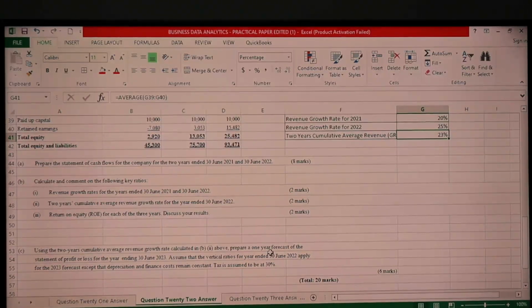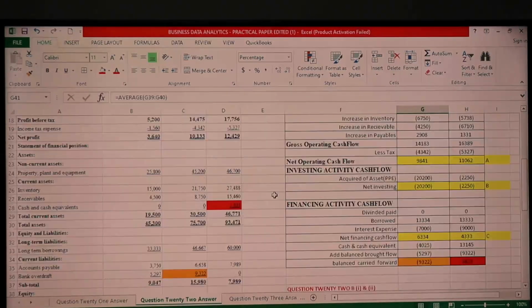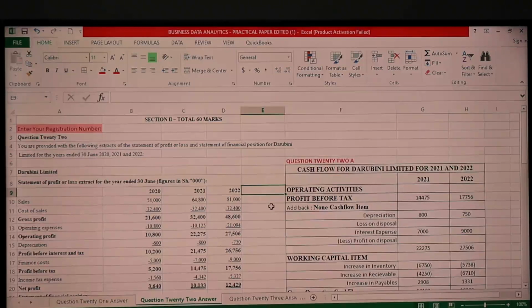That is, here we assume that the vertical ratios for the year ended 2022 applies for the 2023 forecast, except that the depreciation and the finance cost remain constant. That is, the values of depreciation and the finance cost, the interest expense, remain the same. Tax was assumed to be 30%. So in this case, you're supposed to compute here the cash flow for 2023.